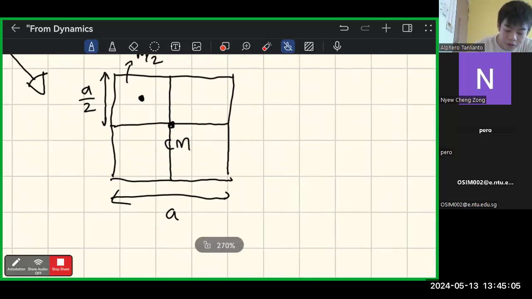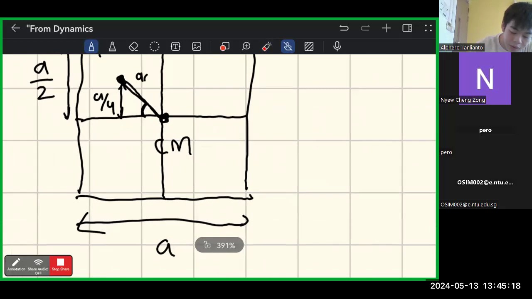So because this is a over 2, then this is a over 4. Thus, because this is a 45-degree angle, this is a square root of 2 over 4.